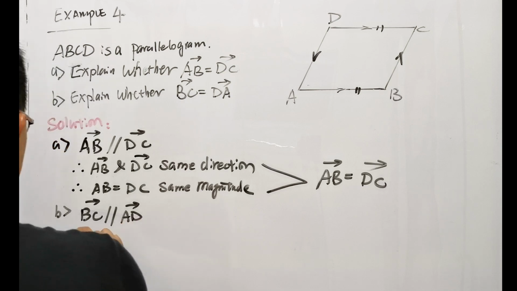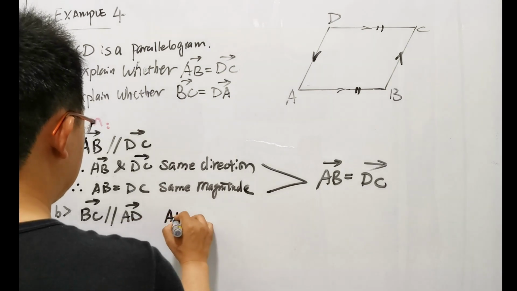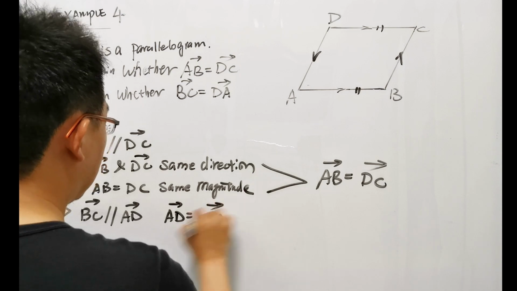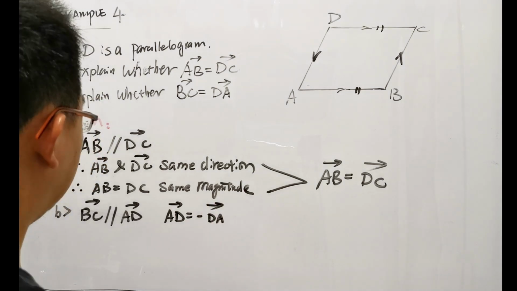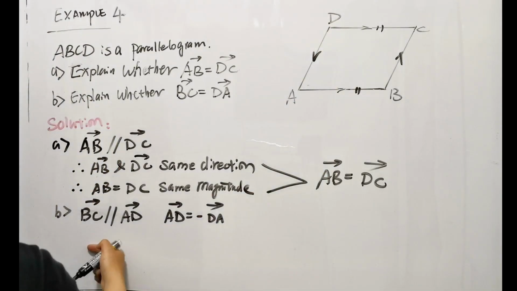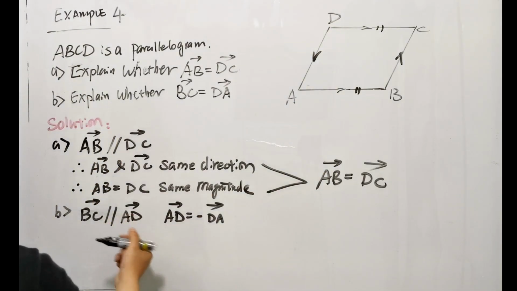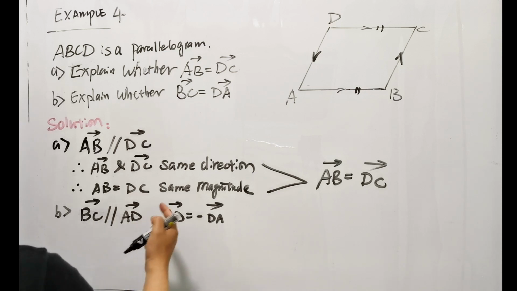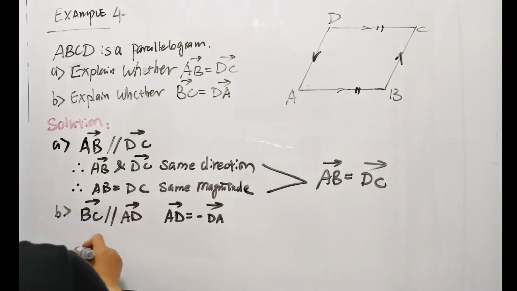AD equals minus DA, right? Because they are opposite. So hence, we can also find out that the two of them are actually equal in magnitude.